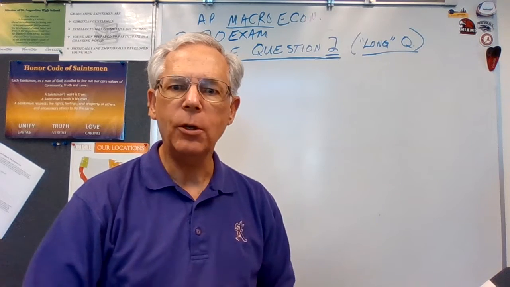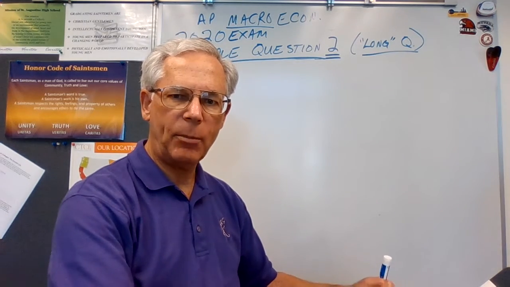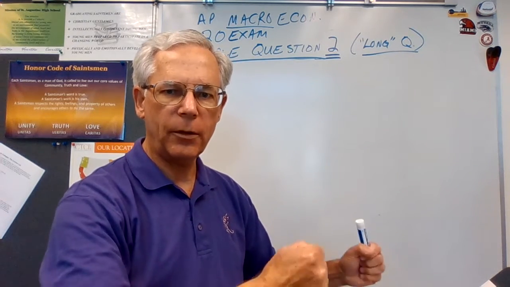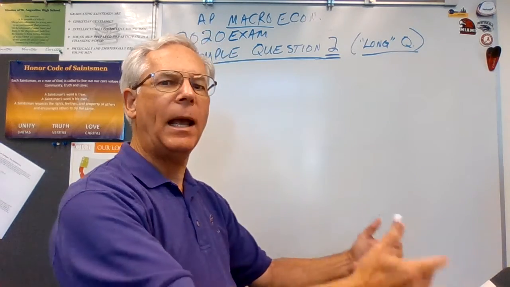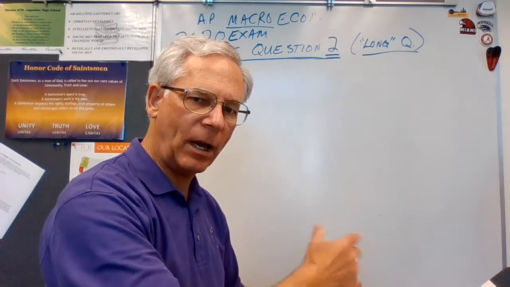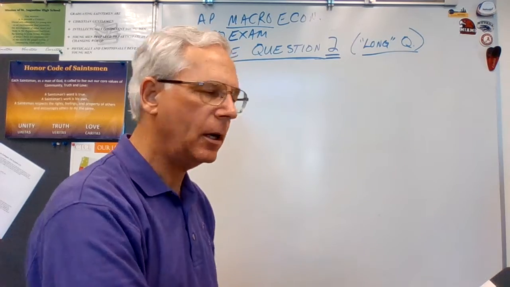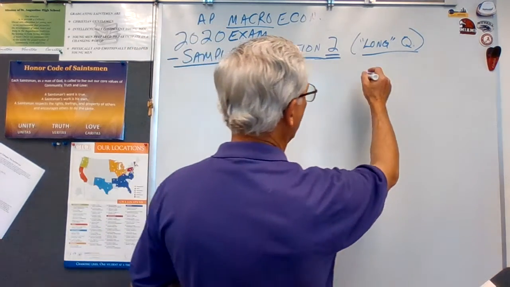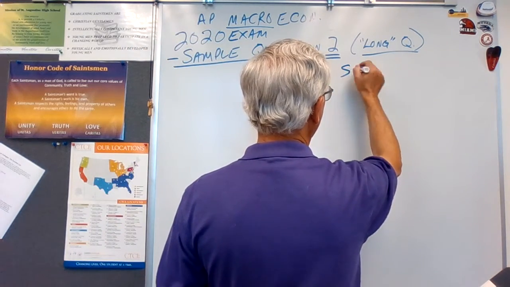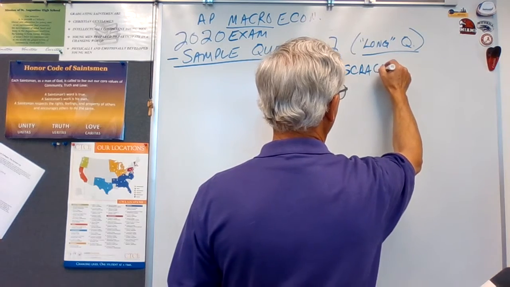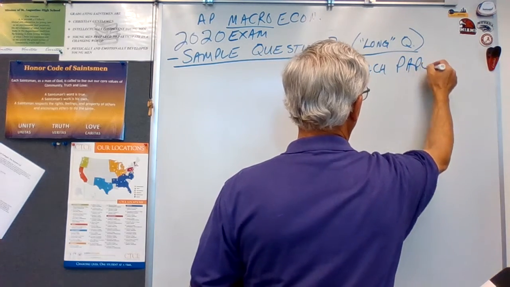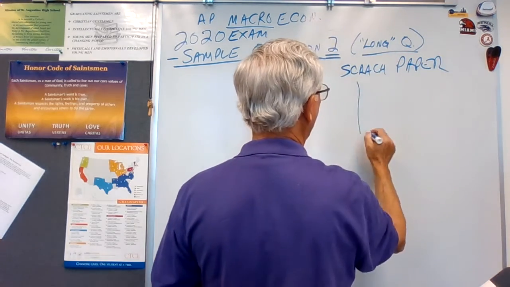This is where they want you to have a piece of scratch paper handy. You will draw the graph on your scratch paper and then write out an answer without a graph. So on your scratch paper, you draw that graph.